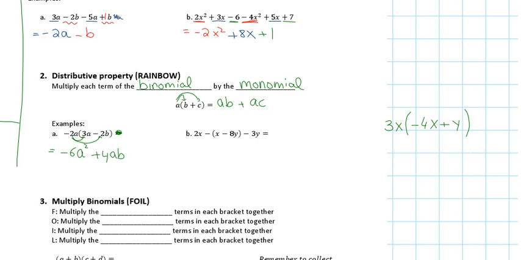Negative 12, because 3 times negative 4 is negative 12. X squared, because x times x. Plus 3xy. What's the coefficient here for y? 1, right? 3 times 1 is 3. And then x times y is xy. Are we okay with this? Everyone?